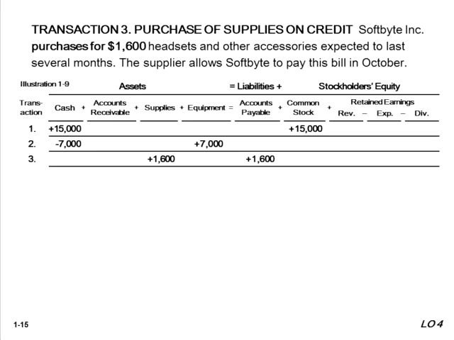So they're getting the headsets, but they're going to pay for them in October. So this is what happens. We increase supplies by $1,600, and now we're increasing accounts payable by $1,600. So what that says is we will pay the supplier in October, as the transaction indicates.